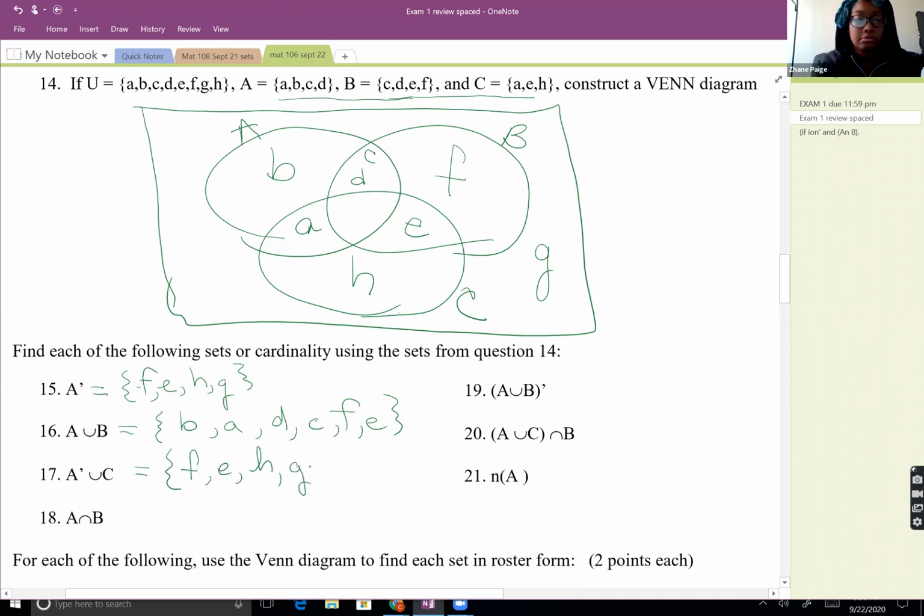Did I say intersection? I'm sorry. It is a union. I apologize. And when I union it with C, I want to add everything that's in C. And so in C, we have to add A, E's in there already, H is in there already.